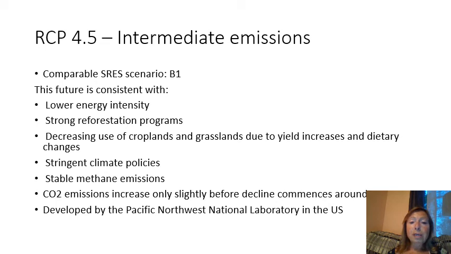We would see very stringent climate policies with specific measures being attached both at the national and international level, and we would also see very stable methane emissions. So under this scenario, the CO2 emissions would increase only slightly during the next few decades, and then they would start declining in the middle of the century.